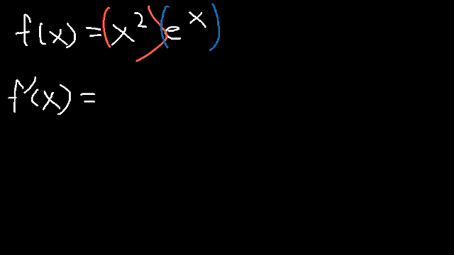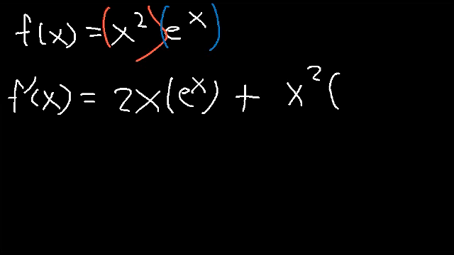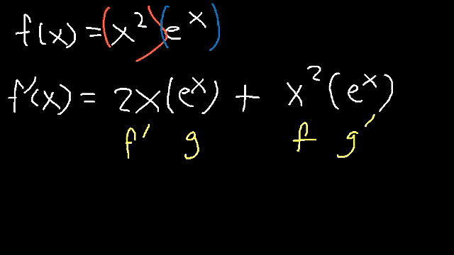The derivative of x squared is 2x. Then leave the second part the same. That's e to the x. Plus, keep the first part the same, x squared, and then differentiate the second part. The derivative of e to the x is e to the x, so this stays the same. So using a formula, this is like f prime, this is g, this is f, and this is g prime.